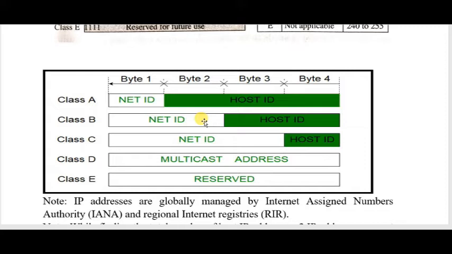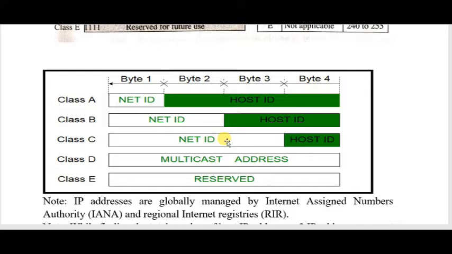That is 2 to the power 16, and the host addresses will be 2 to the power 16 again. In the class C, the network ID is 24 bit and host ID is 8 bit. That means 2 to the power 24 is network ID in the class C and 2 to the power 8 is host ID in the class C.